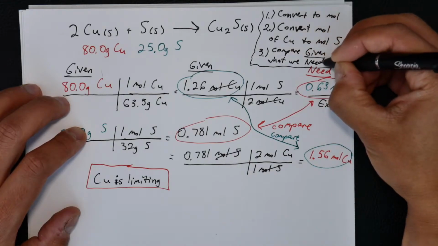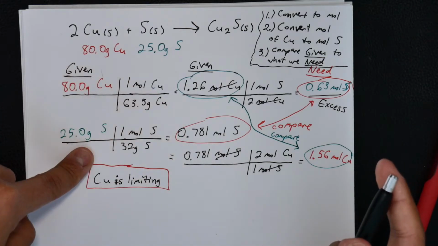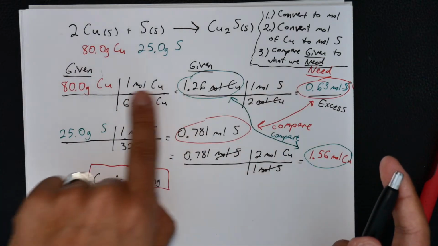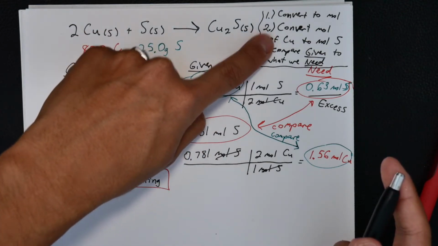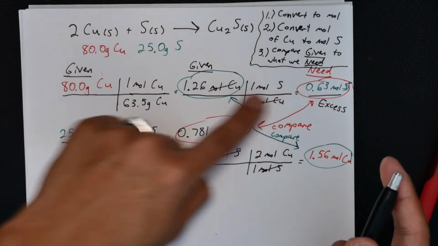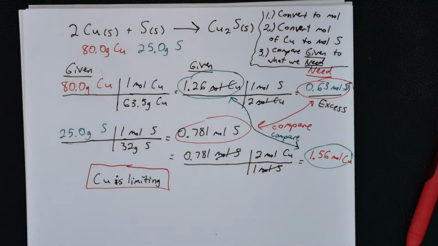What you're given is what you're starting with. And what you need is what you get after you do your conversion from one material to another. Then you just compare the two and see, do you have enough or not enough? So let's switch back to our slides here.